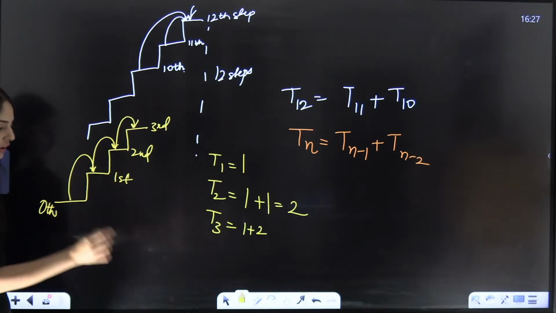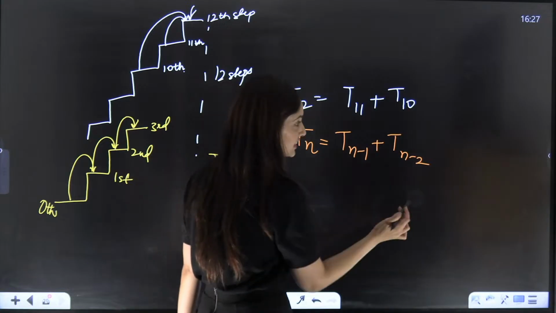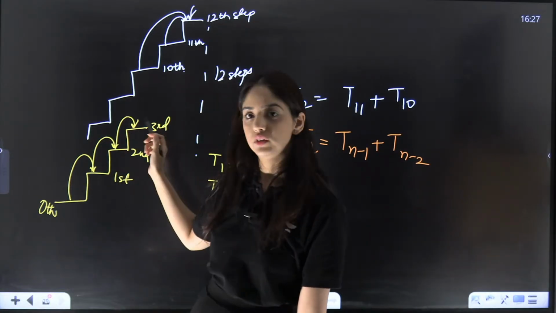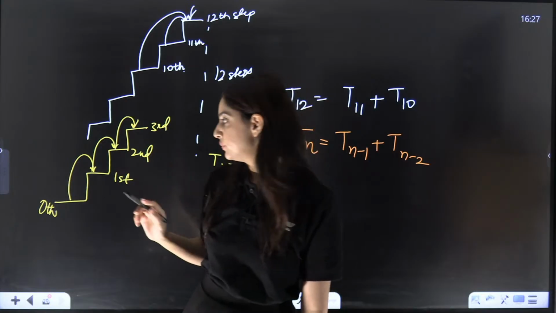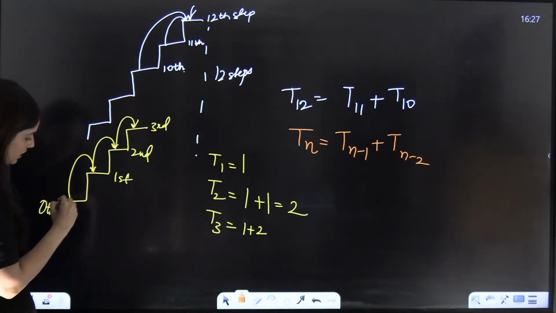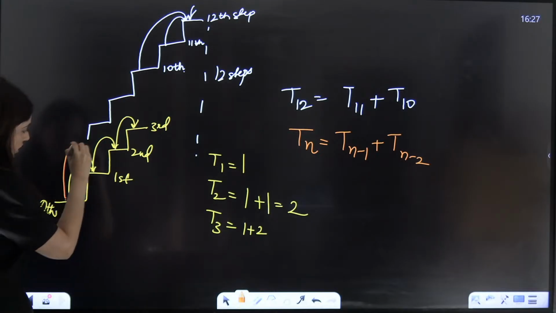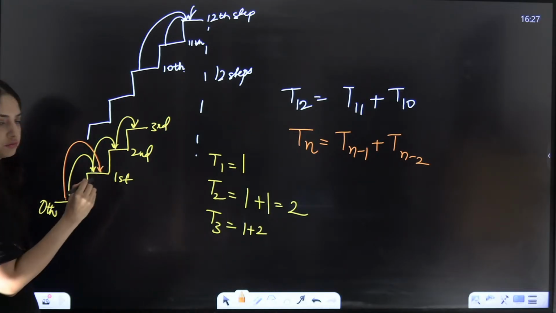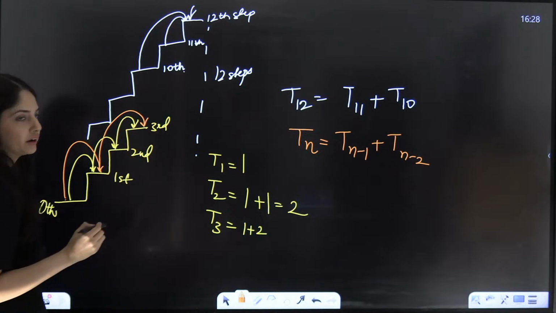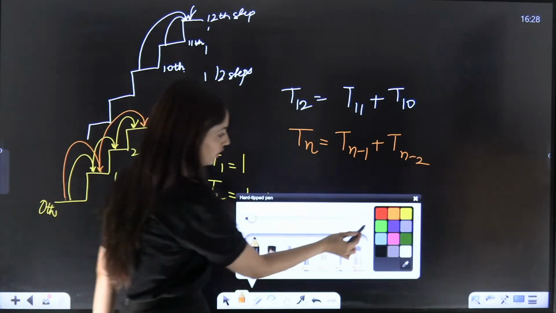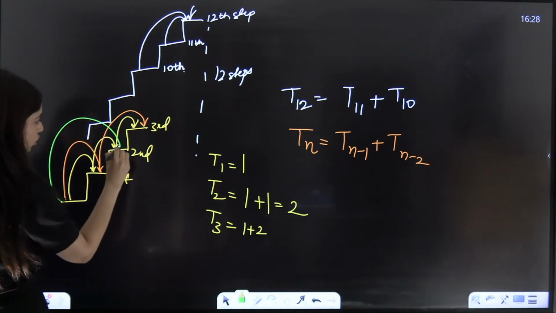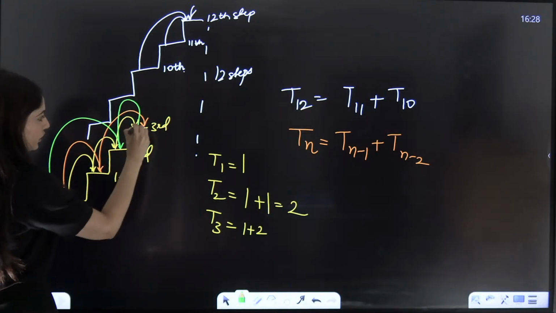This is exactly one way. We go from 0 to 1, 1 to 2, 2 to 3. Another way is we go 0 to 1 and then directly from 1 to 3, or we go directly to 2 and then to 3.